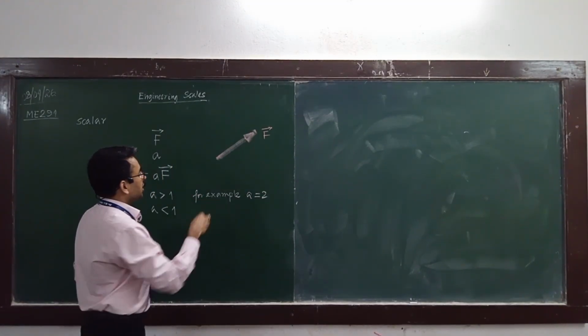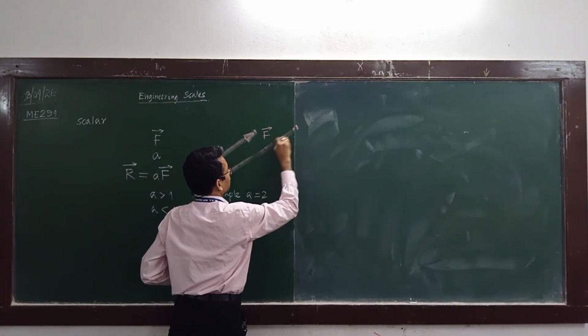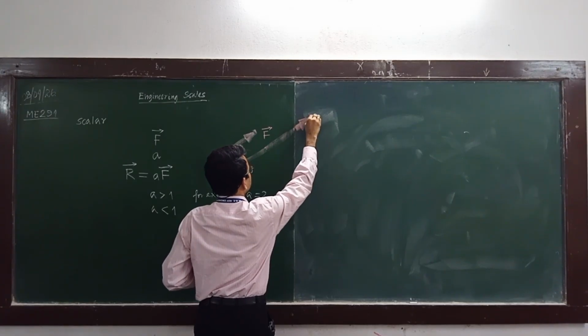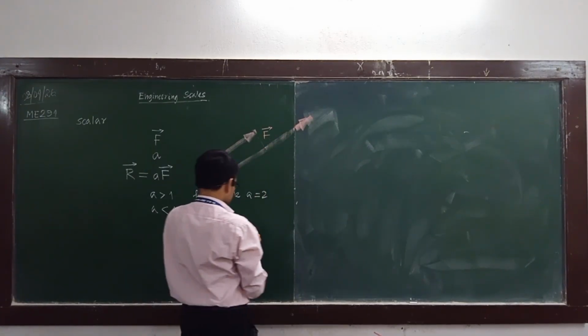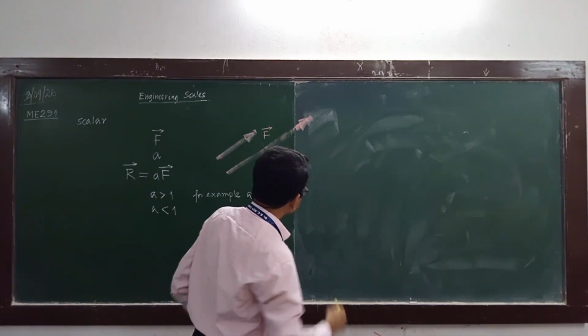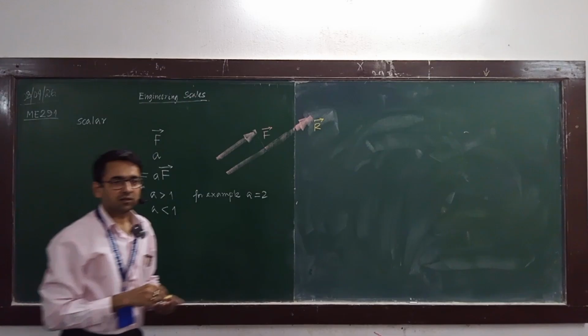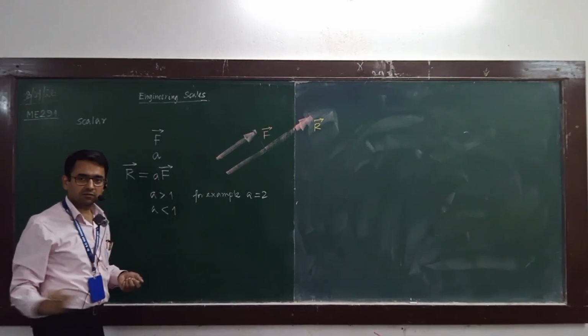R is double the length of F, isn't it? So this is F and double of that is R, right? So it enlarges if a is more than 1.